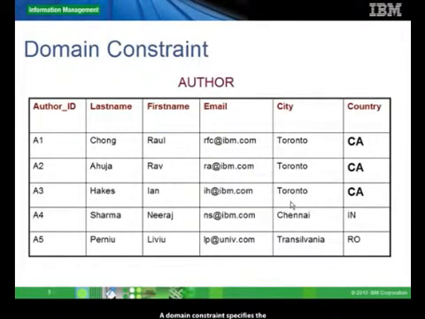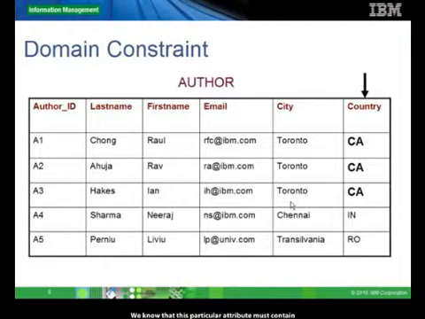A domain constraint specifies the permissible values for a given attribute. Take the example of the country attribute in our relation author.